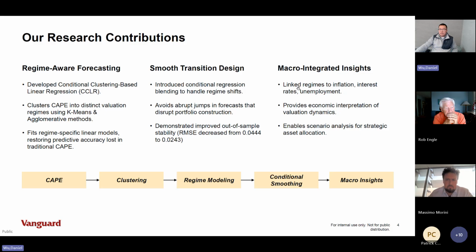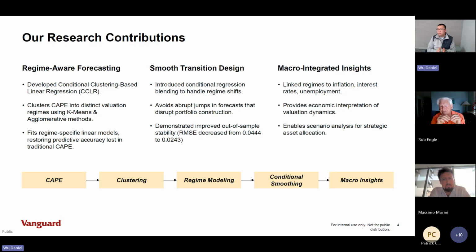The third part is also, I will say, important. The reason is, as I said, the problem we try to solve is market evolution, structural shifts, regime shifts, and how they impact valuation behavior. So for the narrative, for the clients, or for meaningful economic sense, we want to understand if the regimes we build actually have some economic meaning, right?